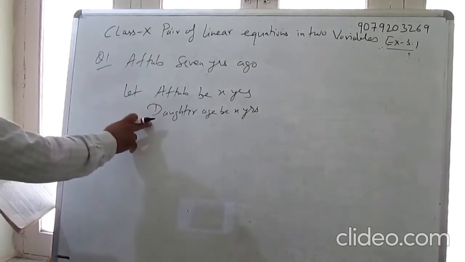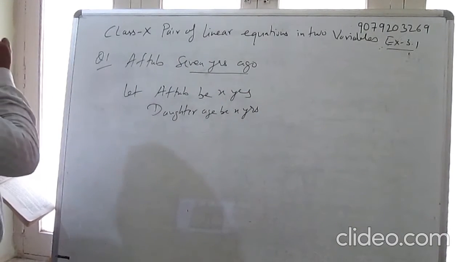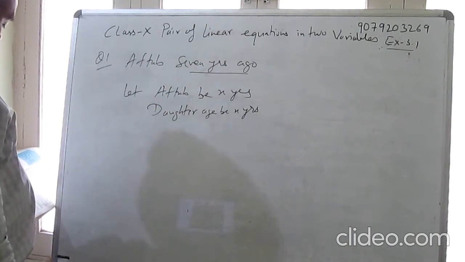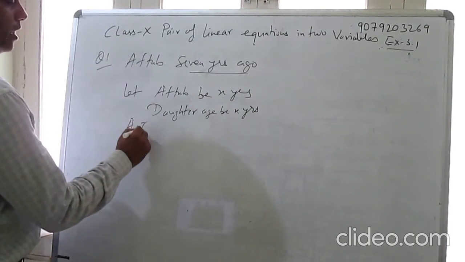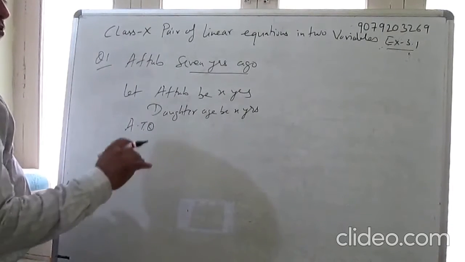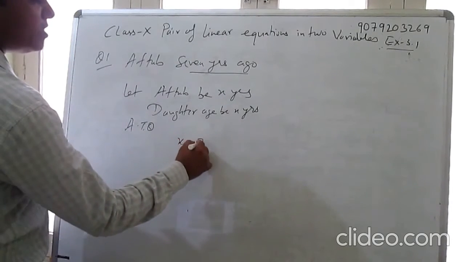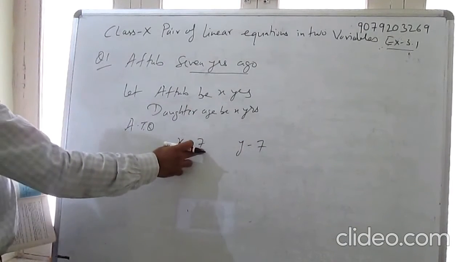Aftab tells his daughter, 7 years ago I was 7 times as old as you were then. So according to the question, 7 years ago means we subtract 7 from both sides: x minus 7, y minus 7.